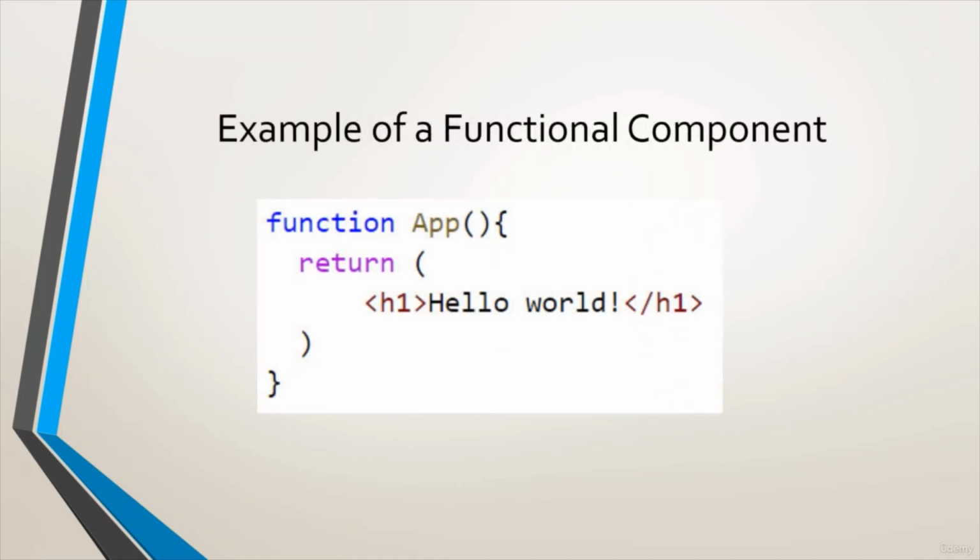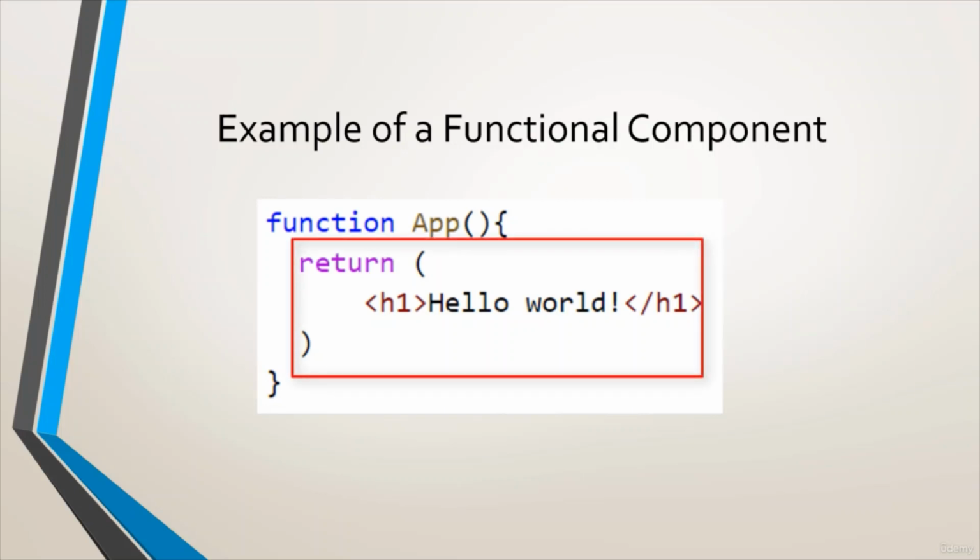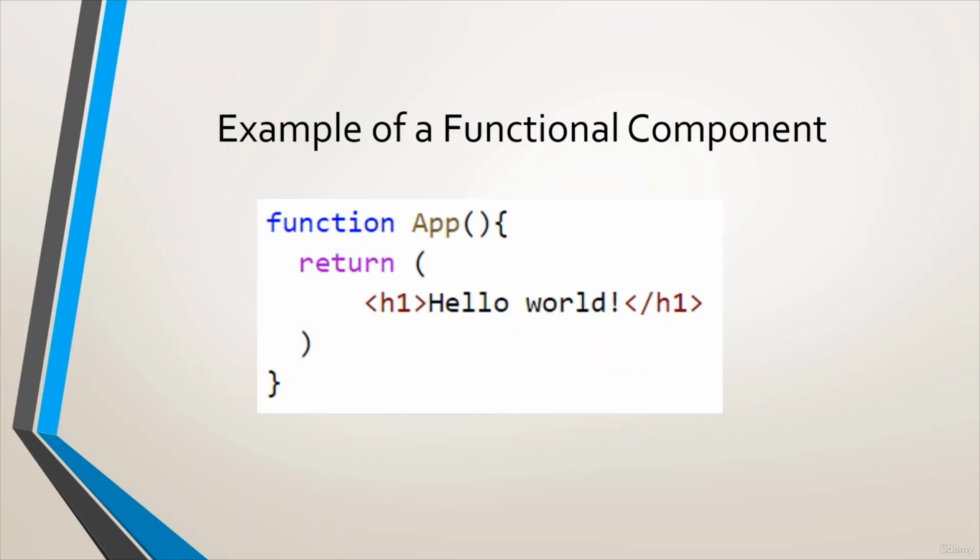As its name implies, a functional component looks like this. As we can see, this is a functional component because it is literally a function that returns UI. And this UI looks like HTML, but it is not HTML, it is JSX, which we will talk about in a later video. The important thing about JSX is that it is a way to represent the UI in React.